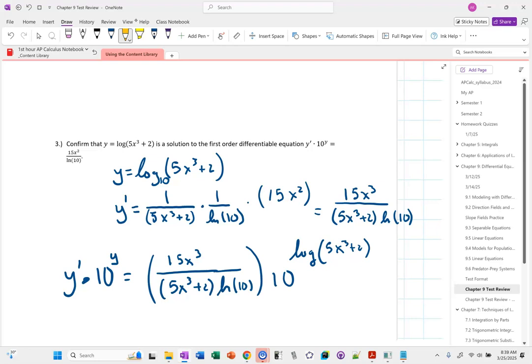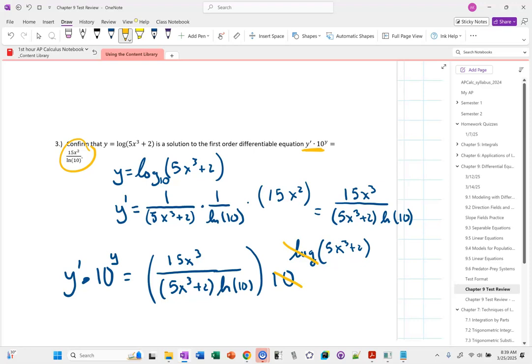Everybody's good so far? And now I need to just show that this is going to simplify down to give me that. There's that. So what do you notice right away that we can do? It says show that this is, so I'm just now plugging the derivative into the equation and showing that the left-hand side is going to give me the right-hand side. So we can do that, right?